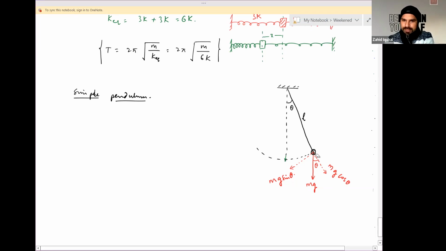Mg cos theta is acting along this way, so it will tend to move this bob along this line. And mg sin theta is acting along this way, so it will tend to move this bob towards mean position like this. Is it clear?